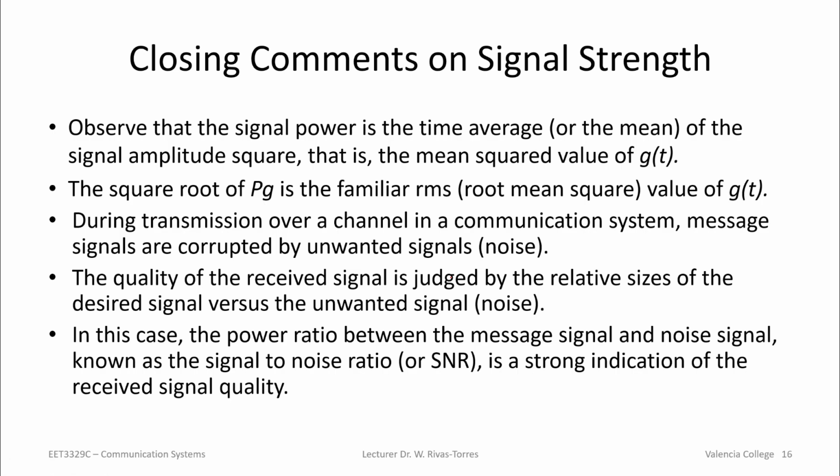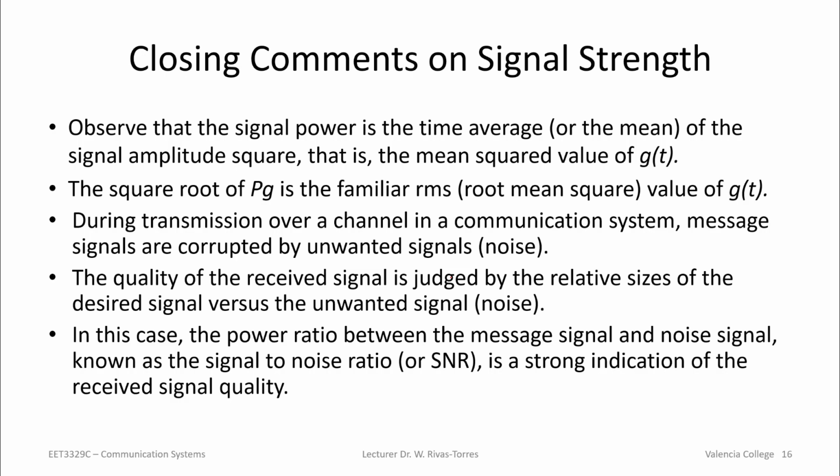All right, some closing comments on signal strengths. Observe that the signal power is the time average or the mean of the signal amplitude squared, okay? The square root of the power of the signal is the familiar RMS value. During transmission over a channel, the message signals are corrupted by unwanted signals or noise, so please remember that.